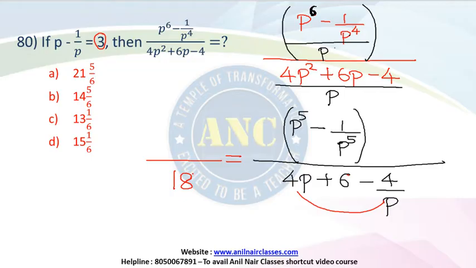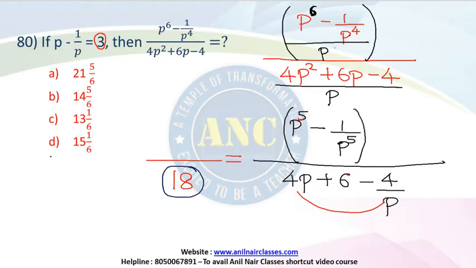But all the headache right now happens in the numerator, because the numerator is P power 5 minus 1 by P power 5. I never solved even a single question in the last 79 questions which has a power 4 or greater than 4. But right now I have P power 5 minus 1 by P power 5. How to tackle that? Now see here, if we want to become a little smart, the denominator is 18.